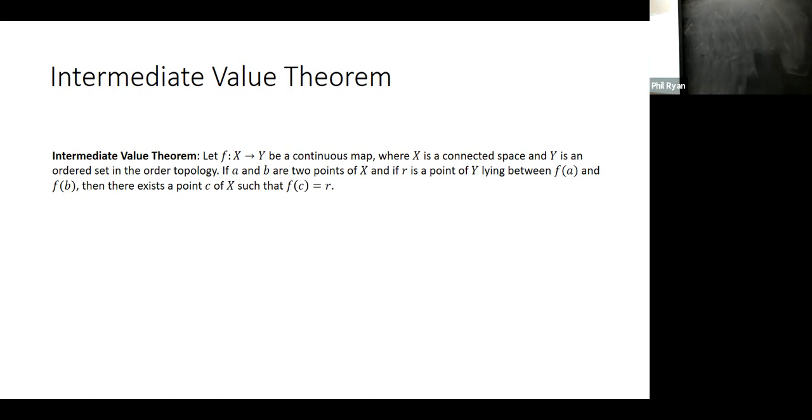Okay, so we need the image to have some kind of order for it to make sense to have intermediate values. So if A and B are any 2 points in X, and R is a point of Y lying between F of A and F of B, then there exists a point C of X such that F of C equals R. So this is pretty easy to recognize as the intermediate value theorem.